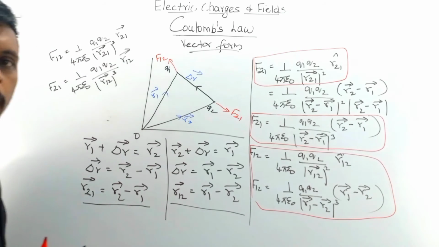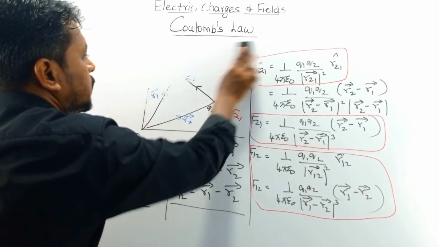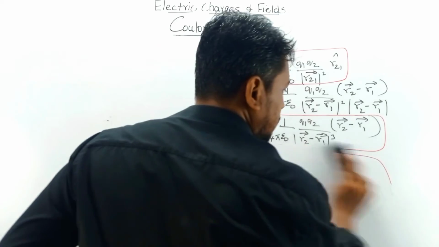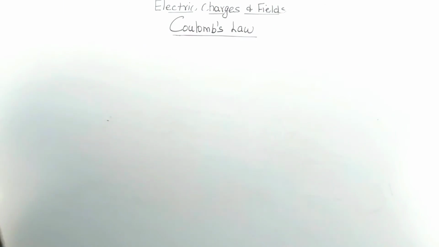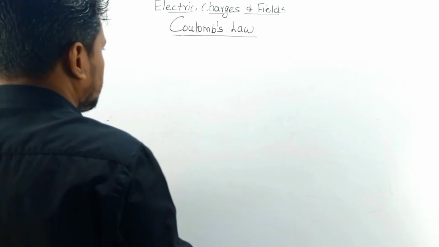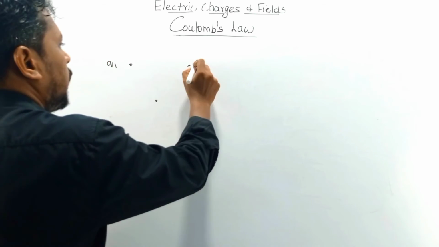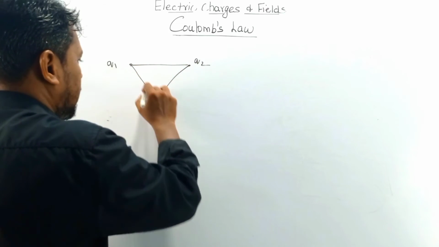Now we will move on to the force due to multiple charges. Let us consider three charges like this, q1, q2 and q3, on the same straight line of action.